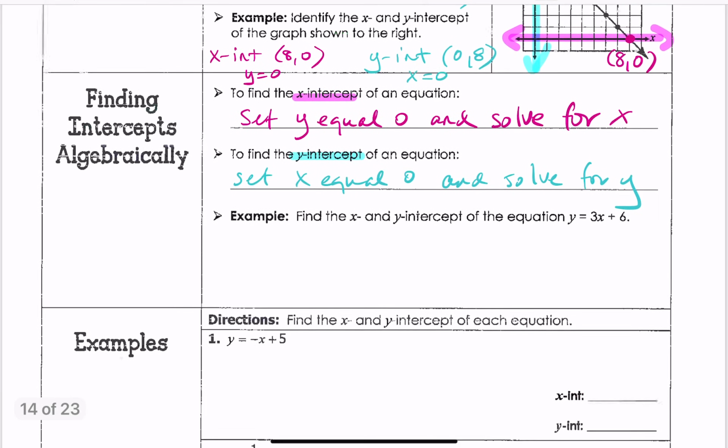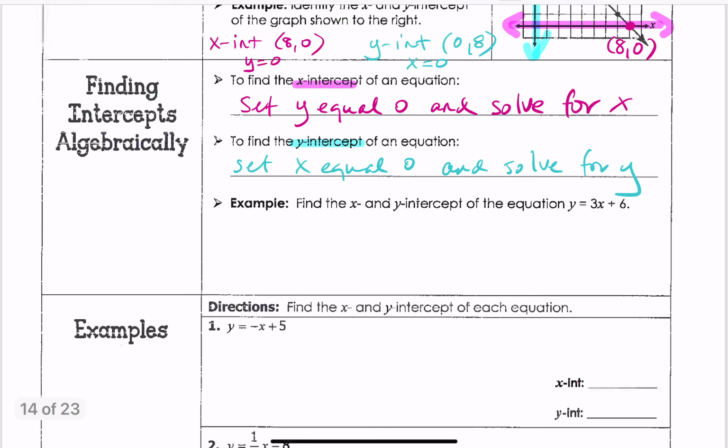So let's do an example. It says find the x and y-intercept of the equation y equals 3x plus 6. Let's find the x-intercept first. Remember, you're setting y equal to 0. So 0 equals 3x plus 6.